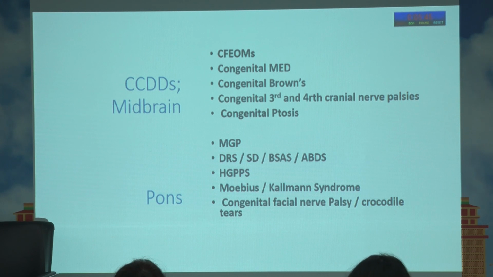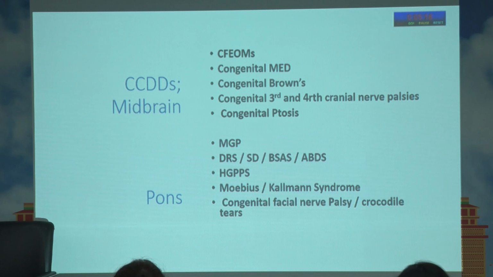And there is very often hypoplasia of the fourth nerve nucleus and the nerve and the muscle also. About 50% of superior oblique palsy will have superior oblique hypoplasia. So, there is a direct relationship between the nerve and the muscle. If there is a problem with the nerve, the muscle is going to be affected. And then of course, congenital ptosis, you all know, especially if it is bilateral.